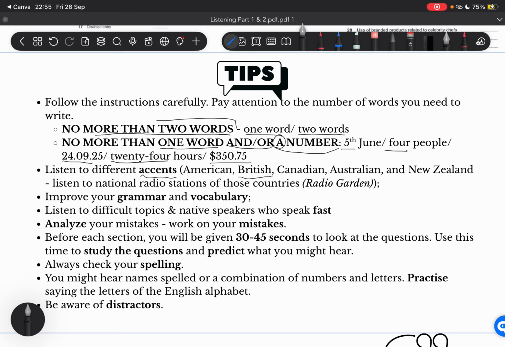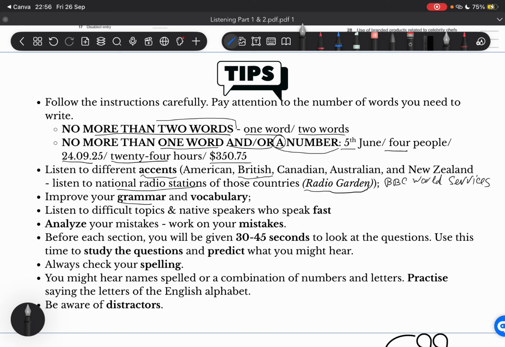Well, I can suggest you to listen to those people from those countries on YouTube, or you can also download this app called Radio Garden to listen to national radio stations. For the British one, I would suggest BBC World Service radio station. Alright, now let's move on to the next.